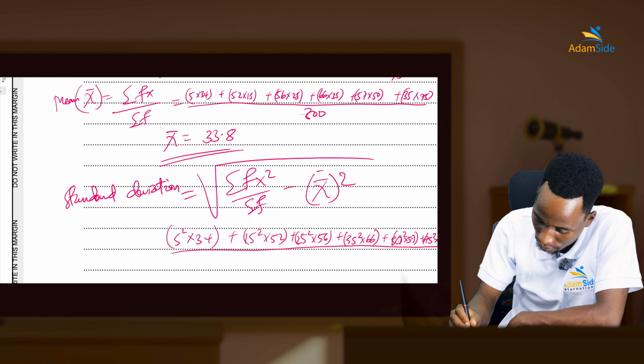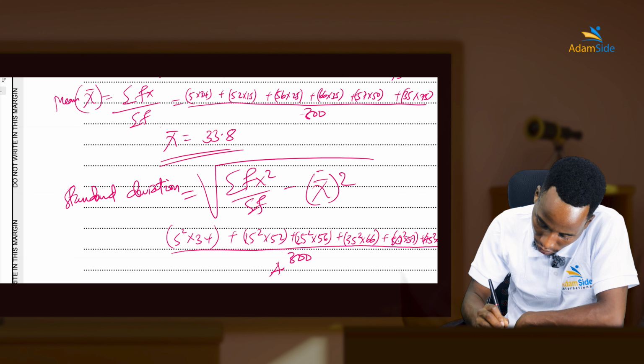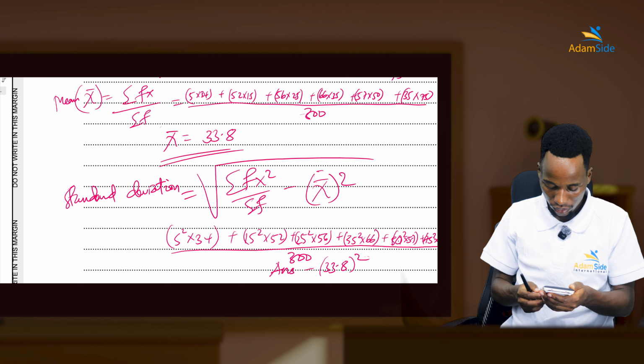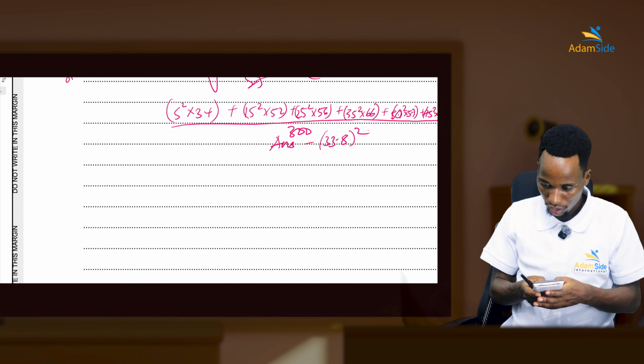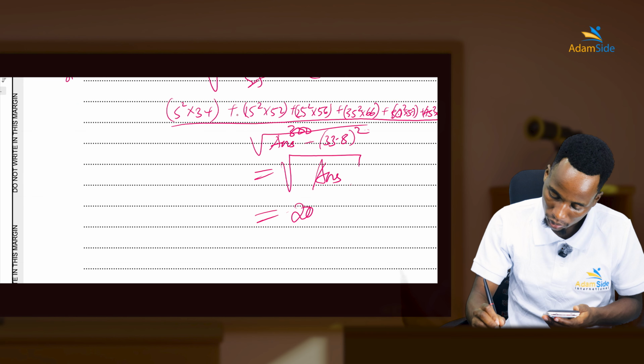This over 300. Okay, the answer, we take away the 33.8 squared, then the final answer is going to be 20.4 minutes. So our standard deviation will be 20.4.